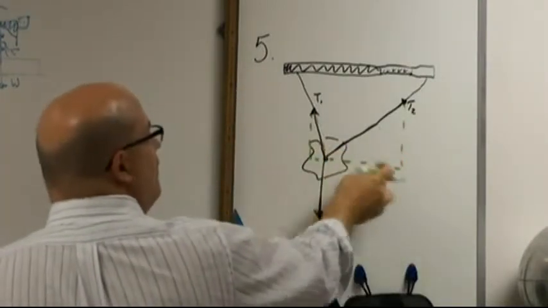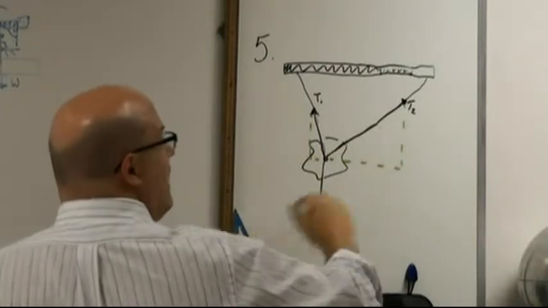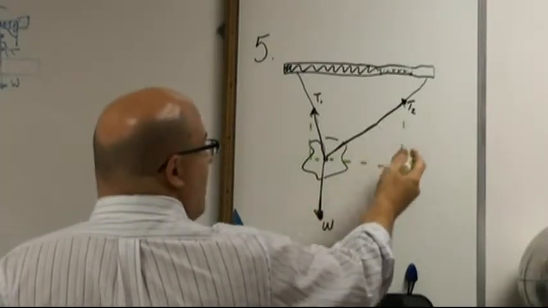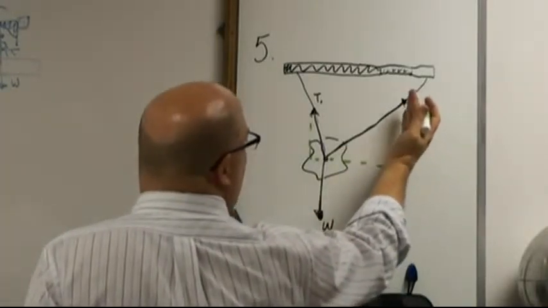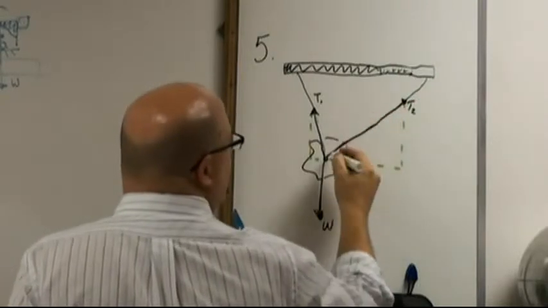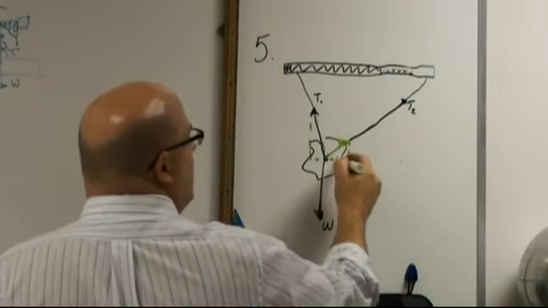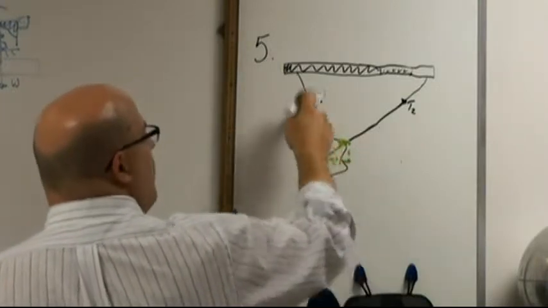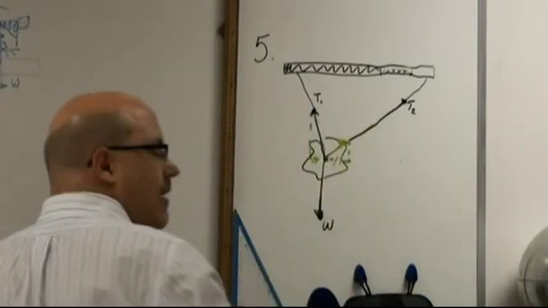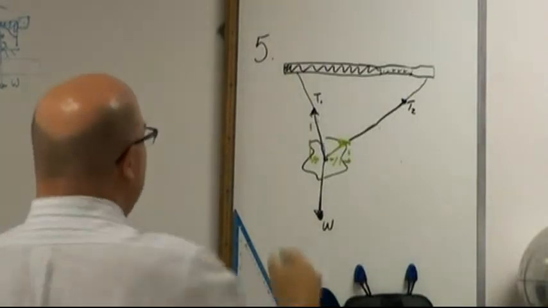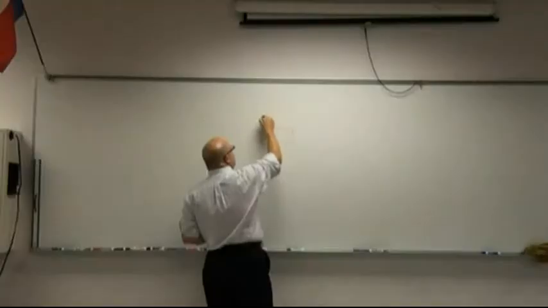Since the horizontal forces have to be the same, since it's not accelerating, the only way for that to happen is for this one to be shorter, right? It's going to be a tiny one. So now these are equal, and so my two upward forces equal the weight down.